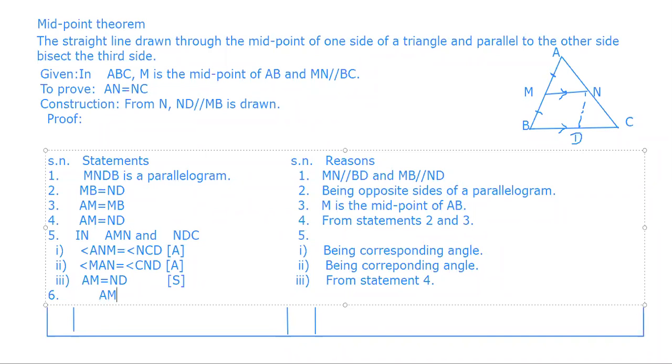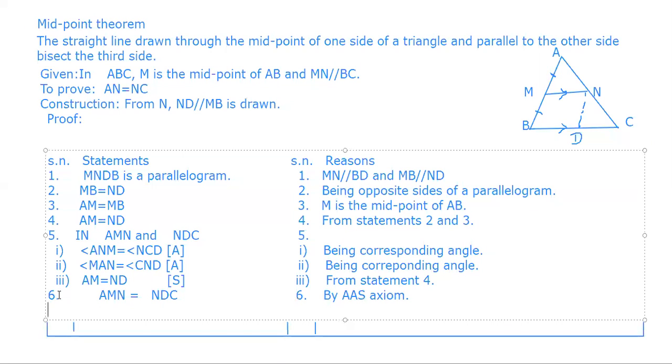Triangle AMN is congruent to triangle NDC by the AAS axiom.